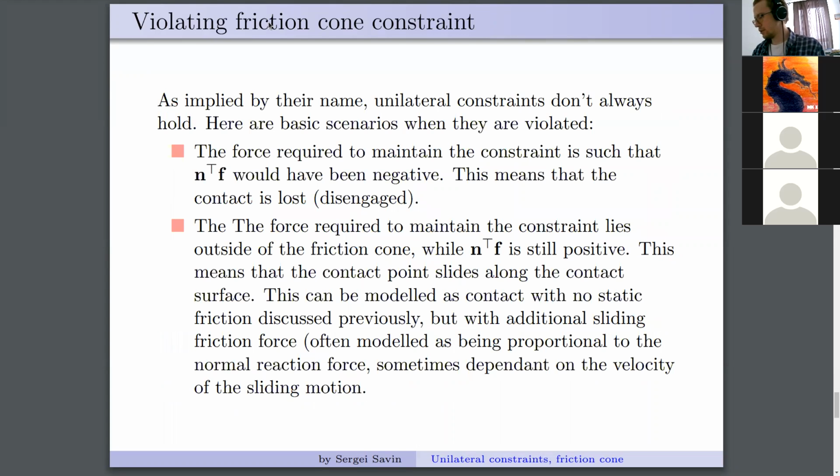Now, just a few words about violating friction contact. We said that a friction cone exists, but does it always hold? No, of course not, right? You can push the brick and it will start to slide. So the friction cone is violated.